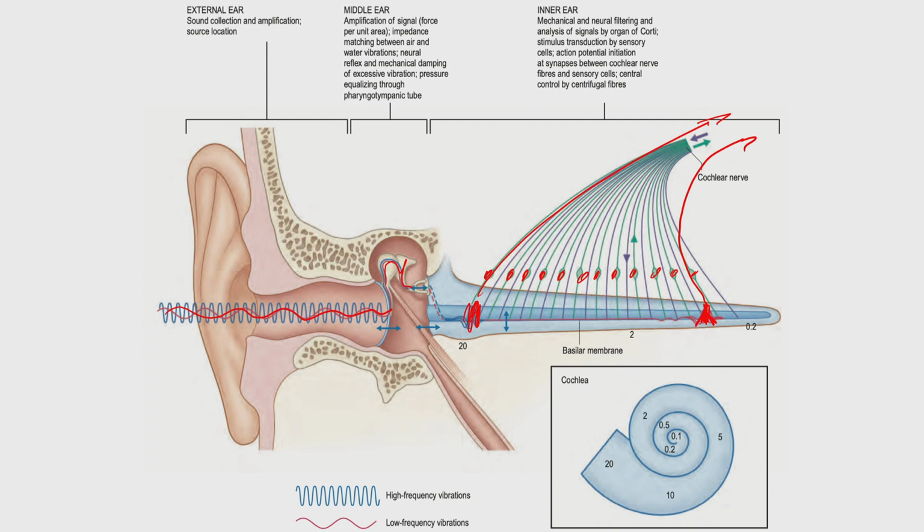We know that we have 0.2 to 20 kilohertz sensitivity. Other animals could have different ranges, for example bats and dolphins. They have very high frequency sensations. On the other side, which mammal has very good sensation of low frequency sounds, you know?